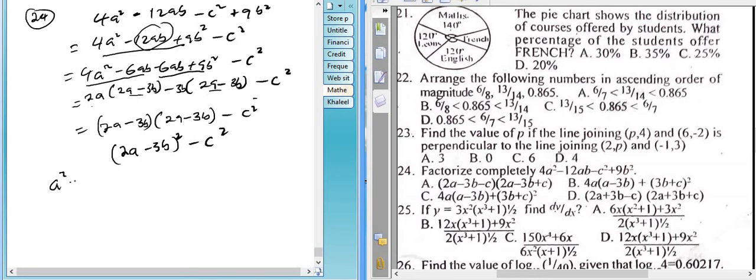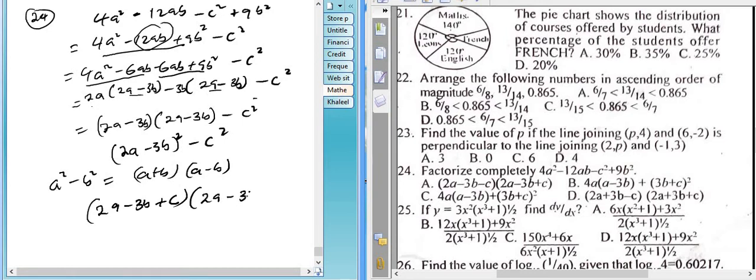If you have a² − b², it equals (a + b)(a − b). So for the first factor we add c, and for the second we subtract c: (2a − 3b + c)(2a − 3b − c). This is the correct factorization, so the correct option is option A. Option A is correct for question 24.